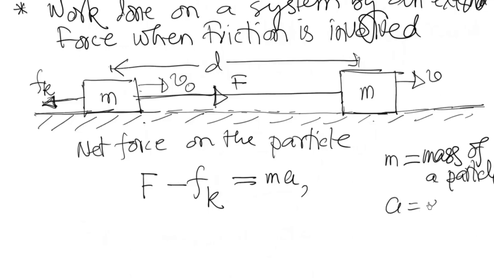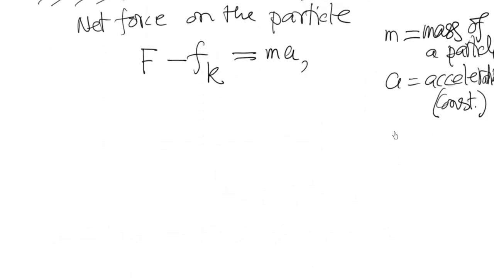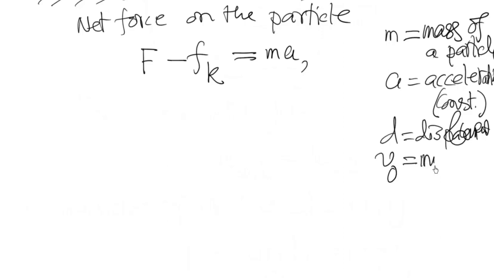a is the acceleration. Let us suppose that this is a constant force capital F, so the acceleration is also constant. d is the displacement, v naught is the initial velocity, and v is the final velocity. For simplicity we consider the one-dimensional case.